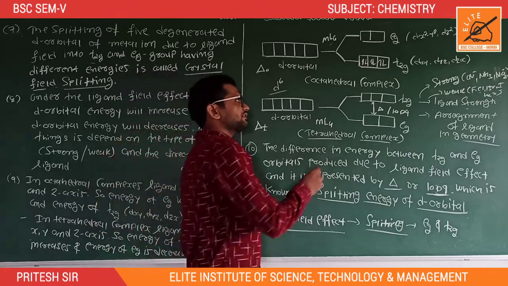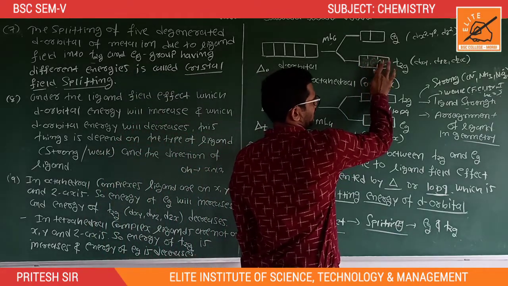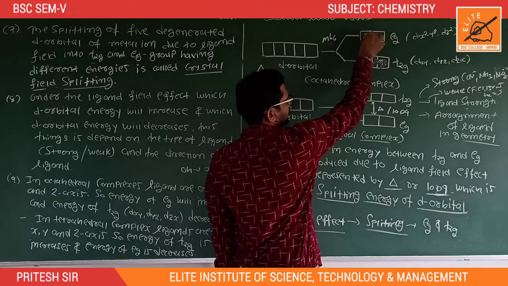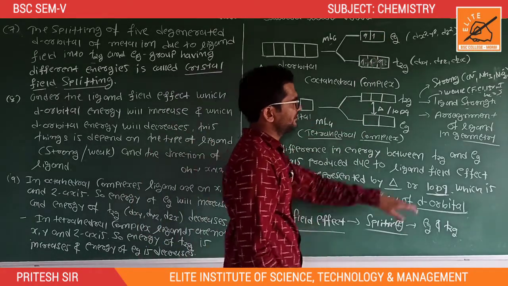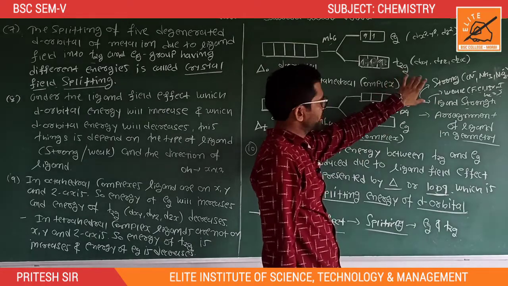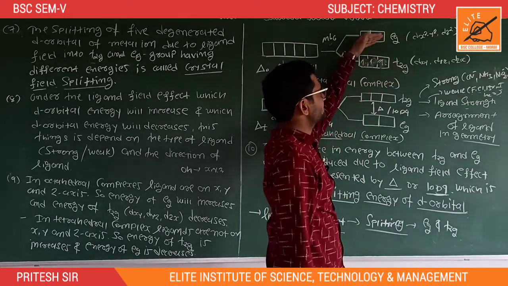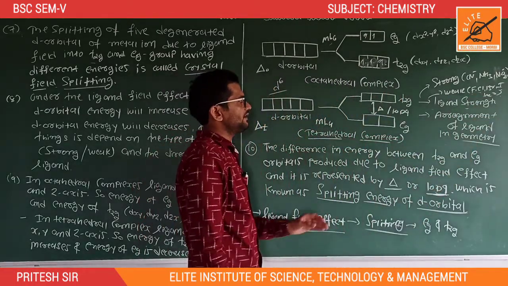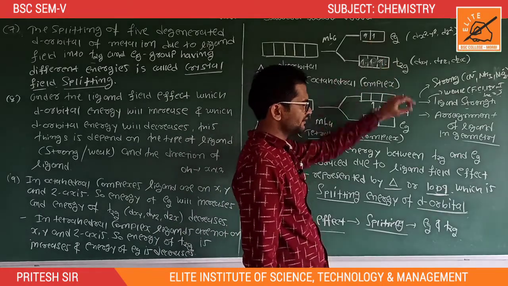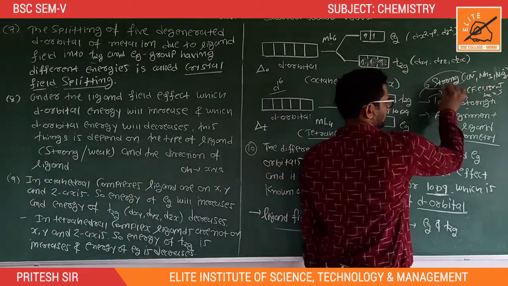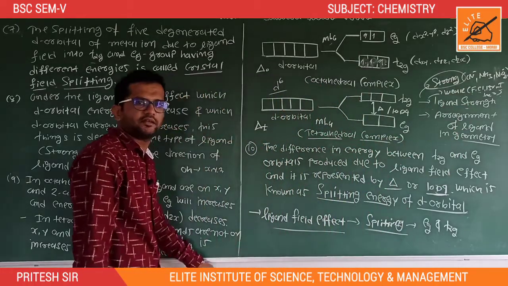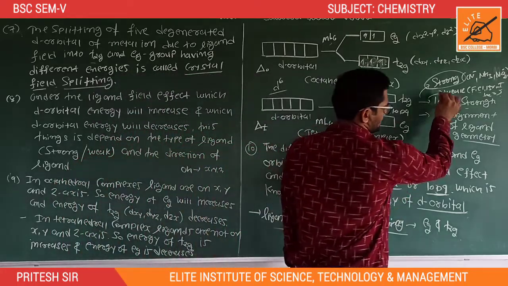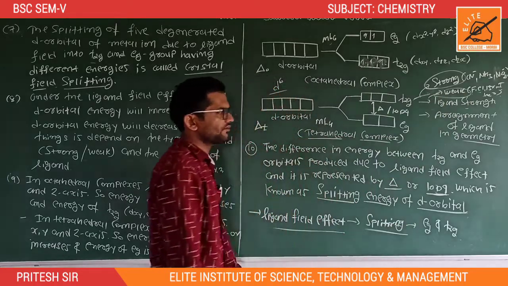At that time electrons enter t2g as well as eg. So in the presence of a strong ligand field, t2g is fully filled first, then the electron goes into eg. But in the presence of a weak ligand field, electrons are filled alternately in t2g as well as in eg. It means that in a strong field the electron enters according to the Aufbau principle, and in a weak ligand field the electron enters according to Hund's rule.